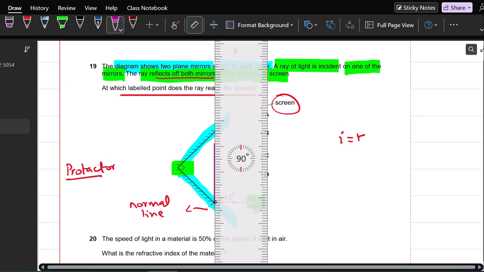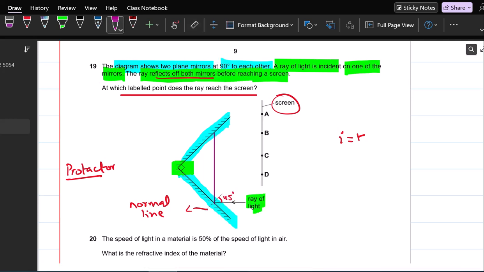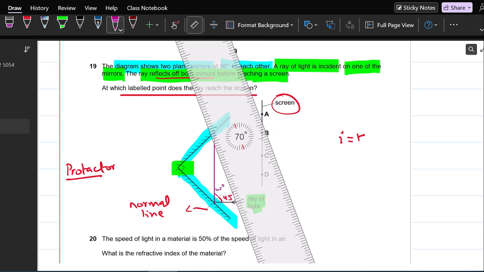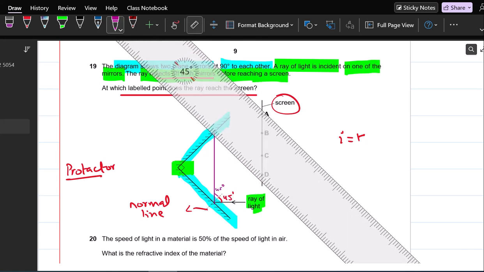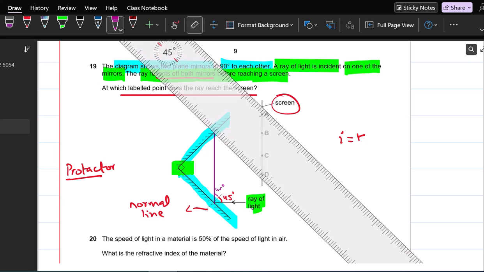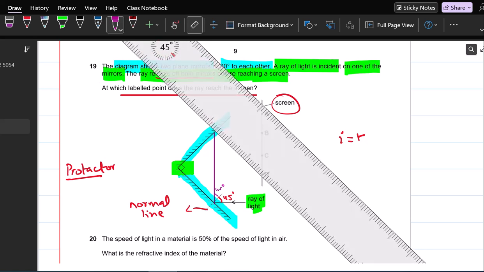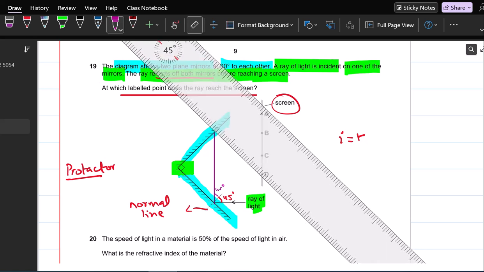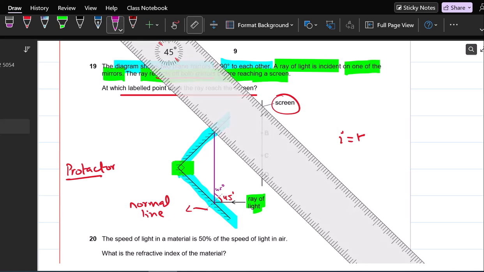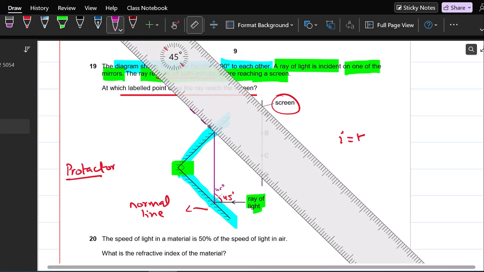Like this, till the second mirror. So this is also at 45 degrees. So now I draw a normal here, perpendicular to the plane mirror at an angle of 90 degrees. So it is somehow like this.